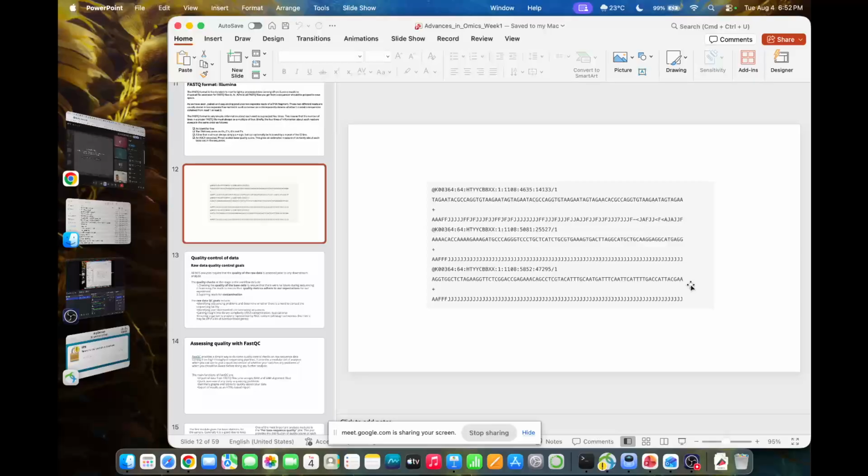A reference genome is a known human genomic sequence. The human genome is around 3 billion base pairs long, right? But all of it was not resolved, as we were discussing in the last session. Right now, through T2T, most of it is resolved. Still, it is not fully resolved, but we can assume it is fully resolved now.